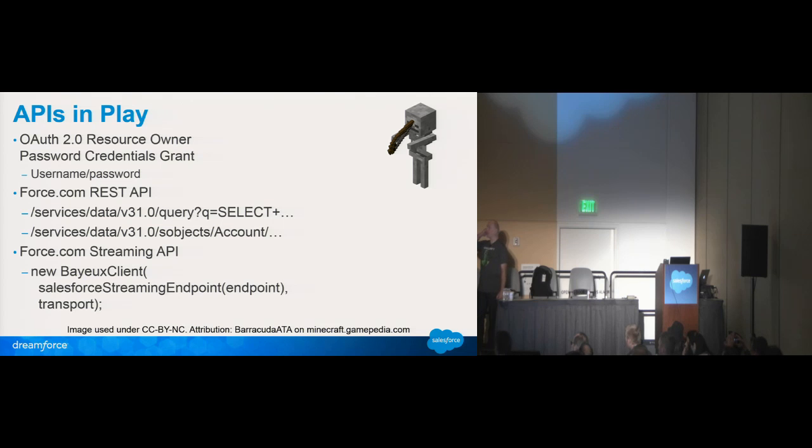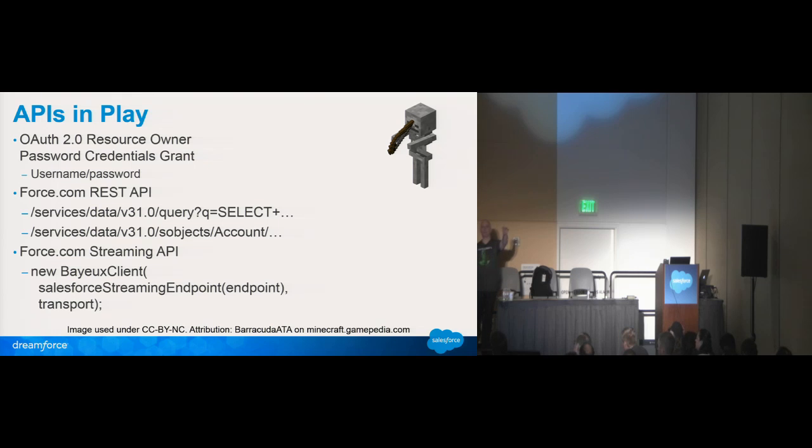There's our wonderful force.com REST API that lets you just send queries in URLs and retrieve account objects with HTTP GETs, very, very easy to use, gets and posts. And this streaming API, which is a little bit more complex, but there's library code, uses this Bayeux library. But a really great way of getting dynamic data out of the platform.